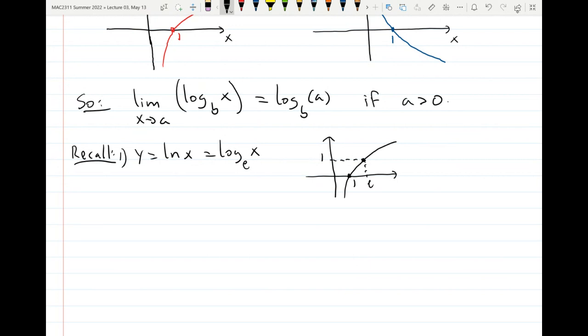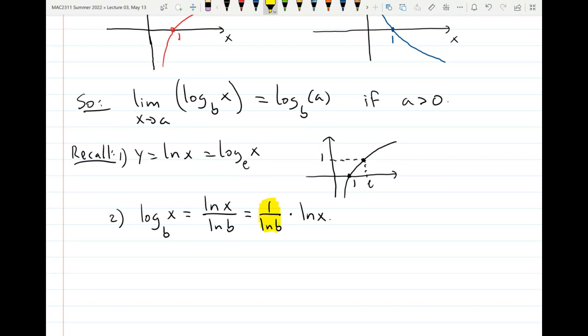And also number 2, remember that if you have any log, let's say base b of x, you can write this as ln of x over ln of b. This follows from the change of basis property. And now ln of b is just a constant. So I can write this as 1 over ln of b times the function ln of x.